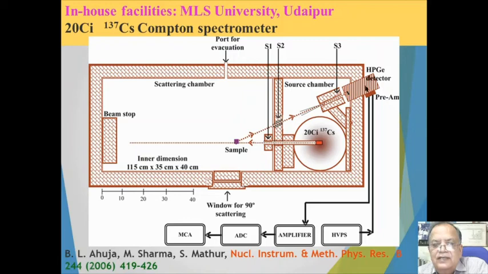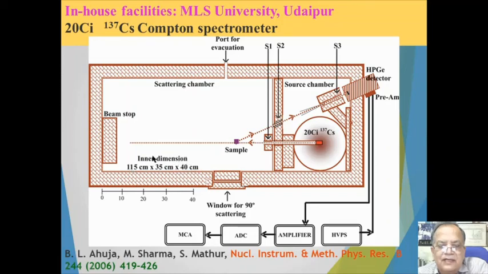This HPGe detector is mounted with the preamplifier, and then you have the spectroscopy amplifier, analog to digital converter, and then the multi-channel analyzer. Now if you look at this structure, it is a parallelepiped with dimensions 115 centimeter by 35 centimeter by 40 centimeter.